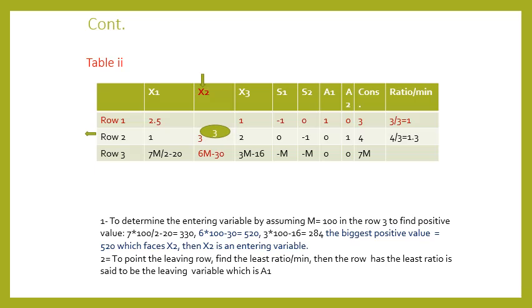Okay? Then row 1, or between brackets A1, is the leaving variable. X2 is the entering variable. The intersection point between R1 and X2 is the pivot element or key element. This 3 is the key element, the intersection point between row 1 and column X2.